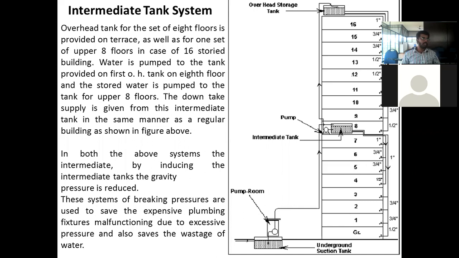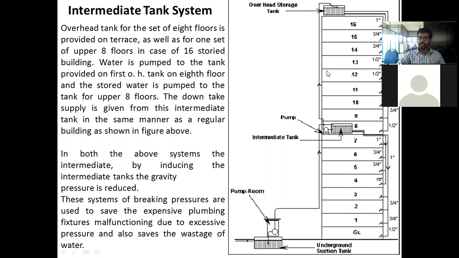One is the pressure reducing valve system, which is a very simple system. The simplest method is that you can use the pressure reducer valve. Unless you have to, that is the simplest method and the easiest way. Otherwise, you have to build this tank, and then a pump is there.